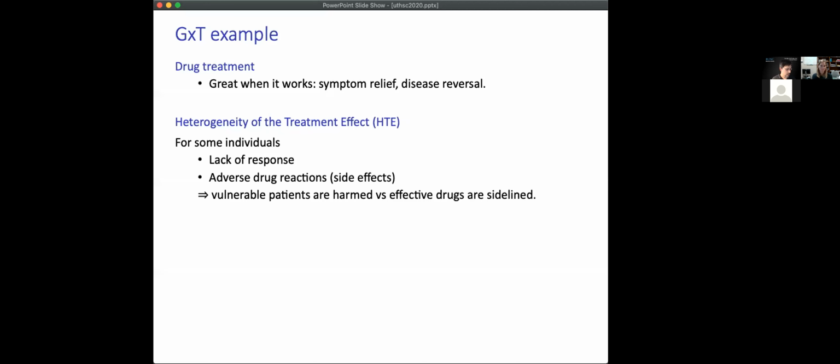And it creates a quandary for regulatory bodies, pharma companies, and doctors. If you have a drug that's got known side effects for some individuals, what do you do? Because you know that you could be prescribing something that will harm vulnerable patients, but at the same time, if you hold it back, you could be holding back a very effective drug.